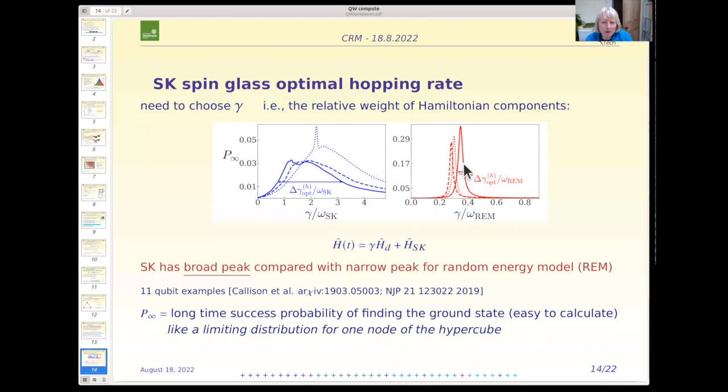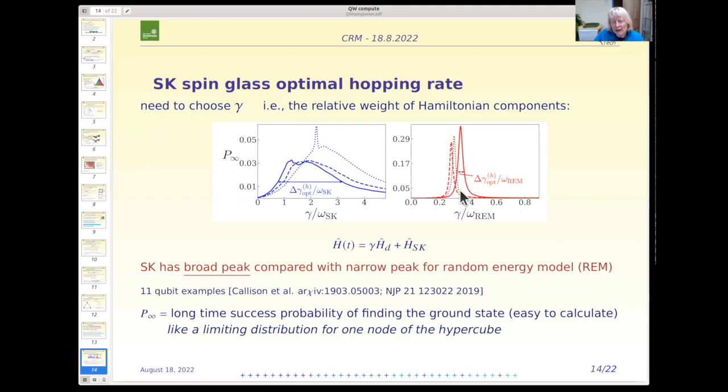So if you happened to be here, you do really well for this example, and you do really badly for the other two. It looks like you're doing better for the random energy model because the probabilities here are higher compared to these. That's 0.05 and that's 0.05. So even if you're somewhere down here, you're still doing as well as the best spin glass.